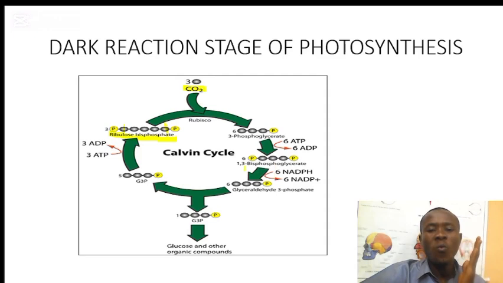And for the 1,3-bisphosphoglycerate to form glyceraldehyde 3-phosphate, it makes use of 6 molecules of NADPH. Mind you, this ATP and this NADPH were produced in the light reaction stage of photosynthesis.